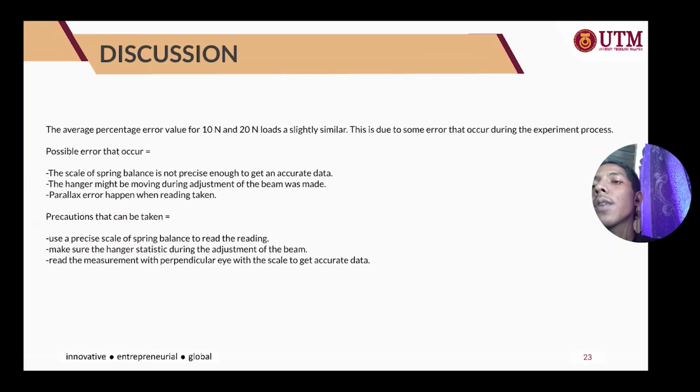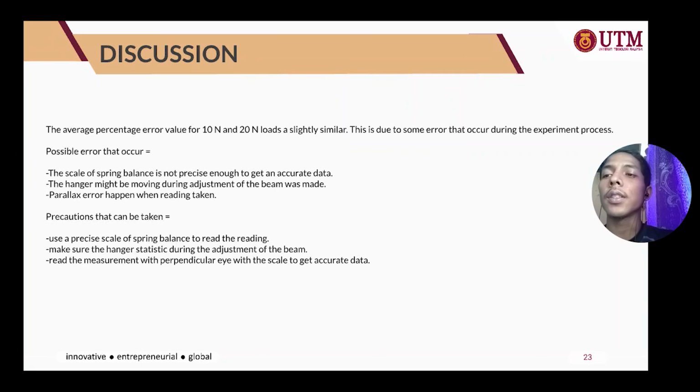The average percentage error values for 10 Newton and 20 Newton loads are slightly similar. This is due to some errors that occurred during the experiment process: the scale of the spring balance is not precise enough to get accurate data, the hanger might be moving during the adjustment of the beam, and parallax error when the reading was taken.